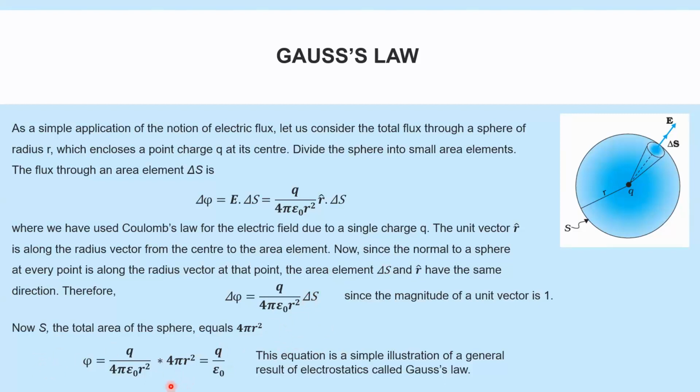So the electric field E is going to be Q by 4 pi epsilon 0 R square. Then when you multiply by the area, say over here we are considering a sphere, what you are left with is just the charge that is enclosed by the surface, or the sphere in this case, divided by epsilon 0, the permittivity of free space.